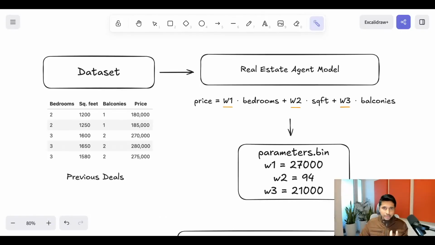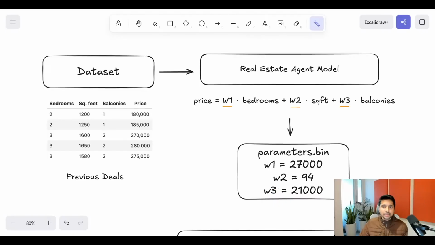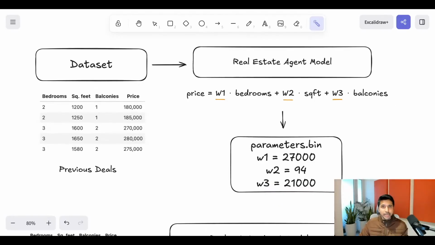After some training, we will come to know that the value of w1 is this, the value of w2 is this, and the value of w3 is this, right? That is not important to understand as of now. Just understand that after some experience, after some training process, this model.py will output w1, w2, w3.